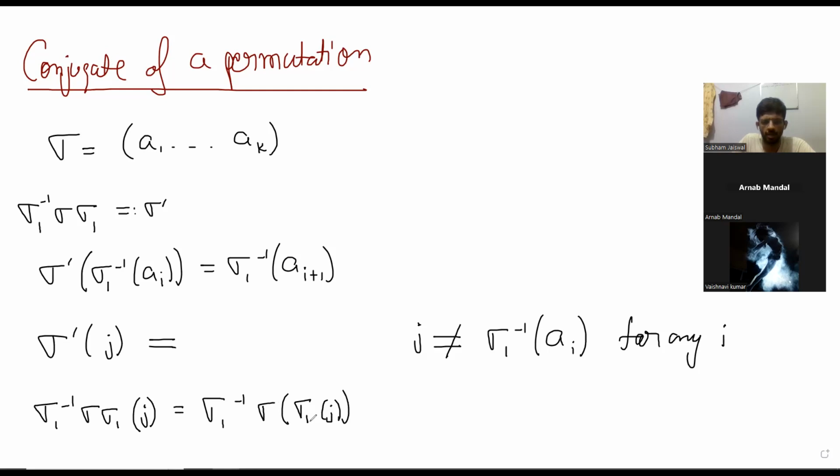We're just using associativity. So this is sigma 1j, right? And what is this condition? This condition is just saying, actually more simply, that this is not equal to any AI. That means that sigma will fix this sigma 1j.